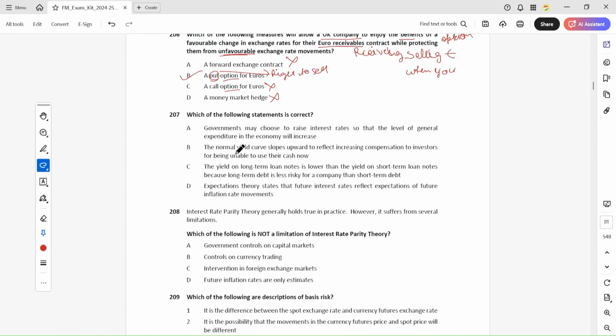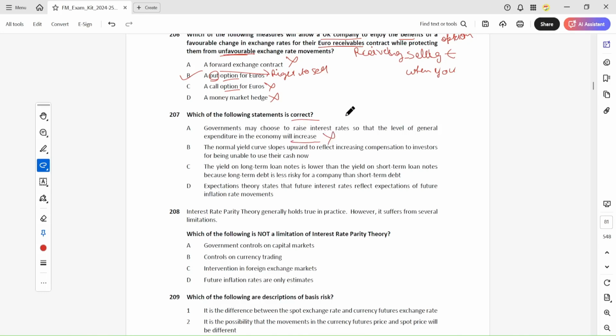Next is, which of the following statements is correct? Government may choose to raise interest rates so that the level of general expenditure in the economy will increase.